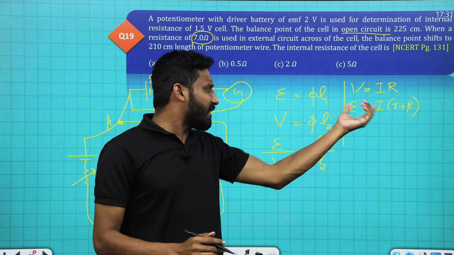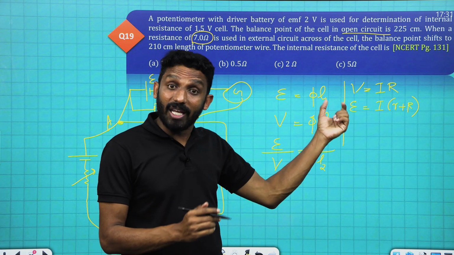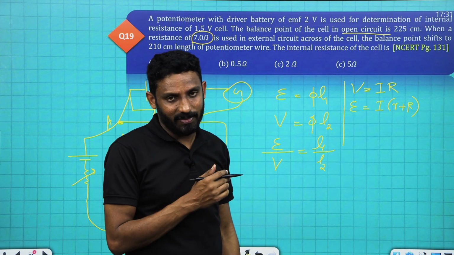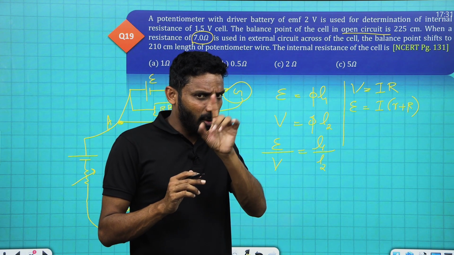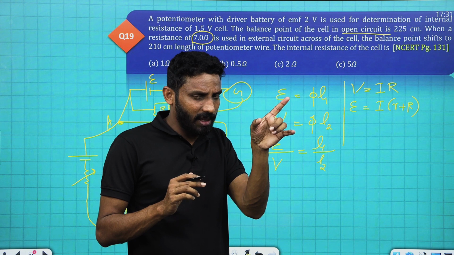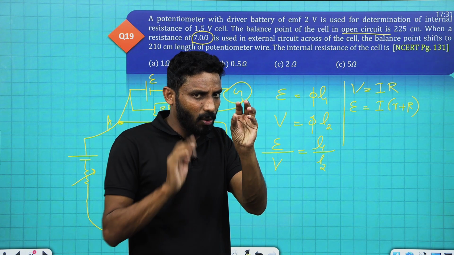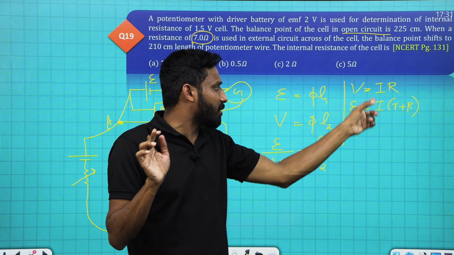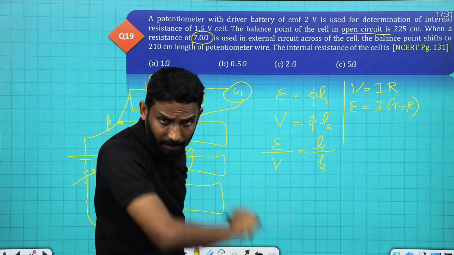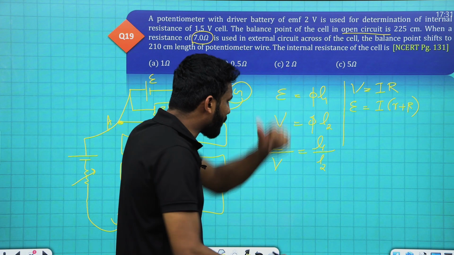How do we get this? We know V is equal to E minus Ir. Then E is equal to V plus Ir, and V is IR. So E is equal to IR plus Ir.